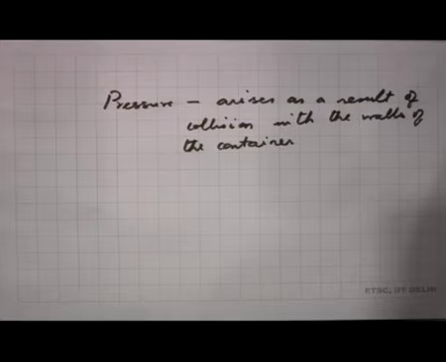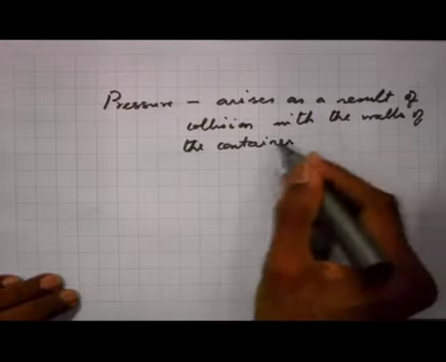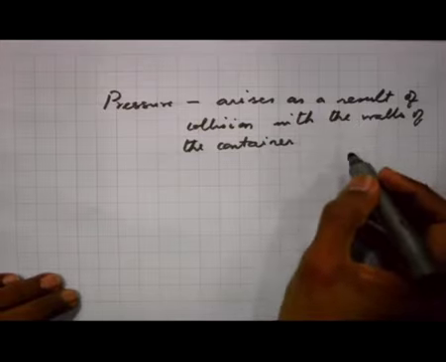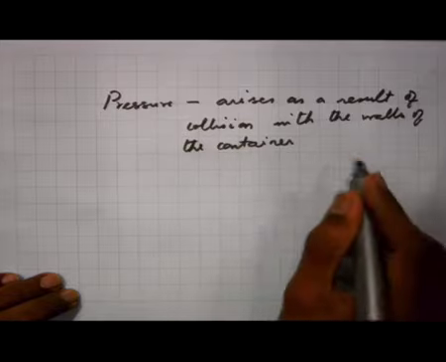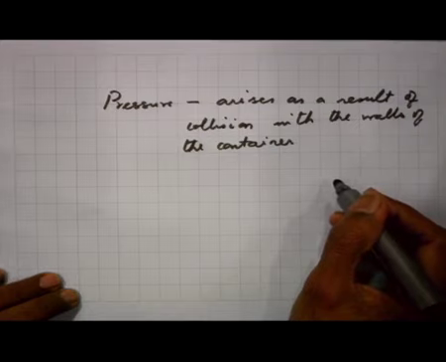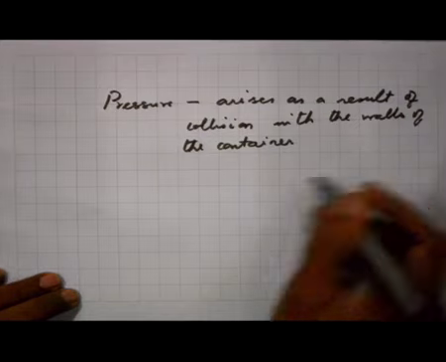And because it is dependent on the velocity and the kinetic energy is then proportional to the temperature, we can then show that pressure is a function of the temperature. Okay, let us move on.